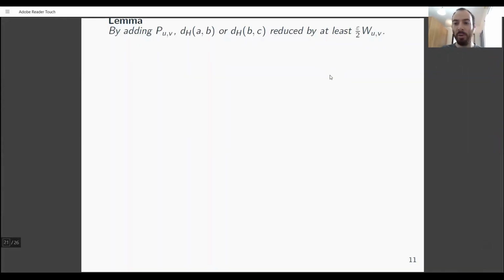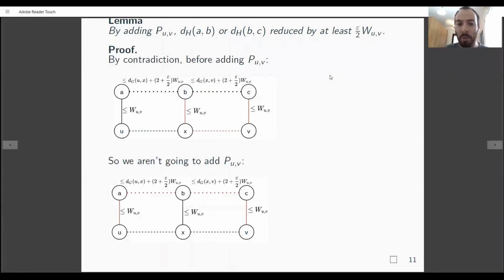The next lemma shows that by adding P_UV, the distance of AB or BC in our spanner was reduced by at least epsilon over 2 W_UV. And the proof here is by contradiction. After adding P_UV, we can bound the distance of BC by the triangle inequality using the path C V X, B, and C, which equals d_G(V,X) plus 2 W_UV.